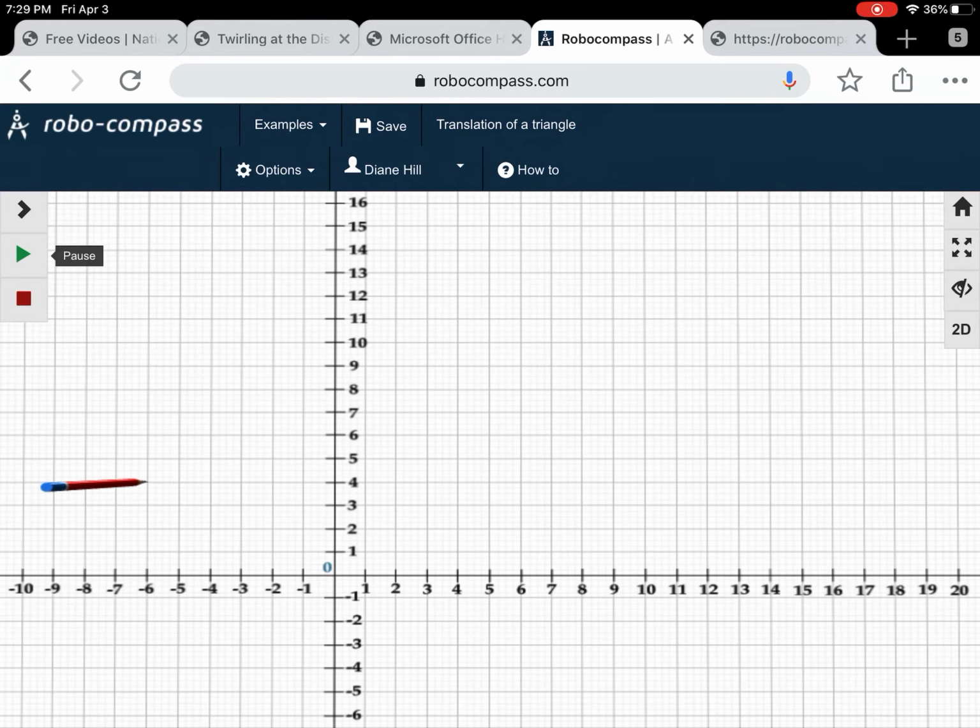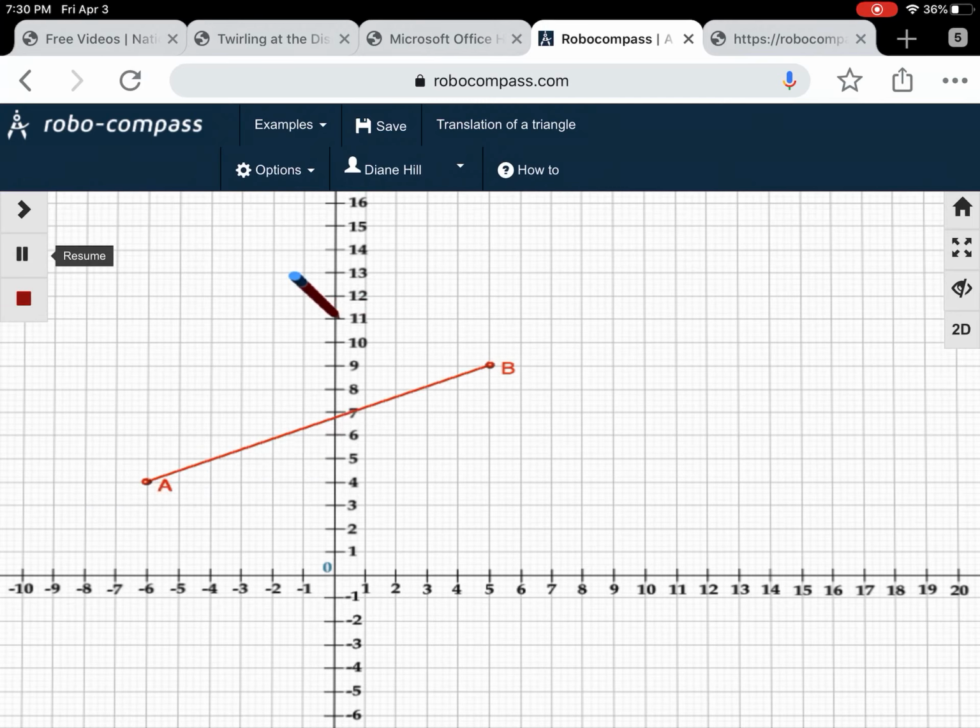I thought that turns out good. It's better than me trying to do it on a piece of paper while you're looking through the webcam. So this is going to draw it out for you. In order for me to have it animate the whole thing, it's going to animate drawing the triangle and the vector as well. All right, so it's going to make a triangle that I'm then going to translate.